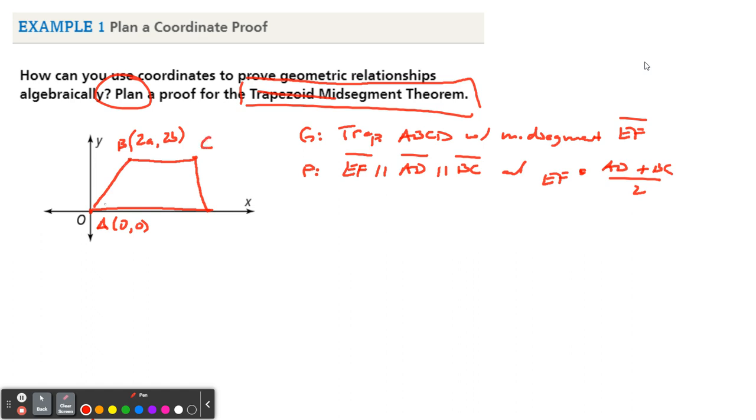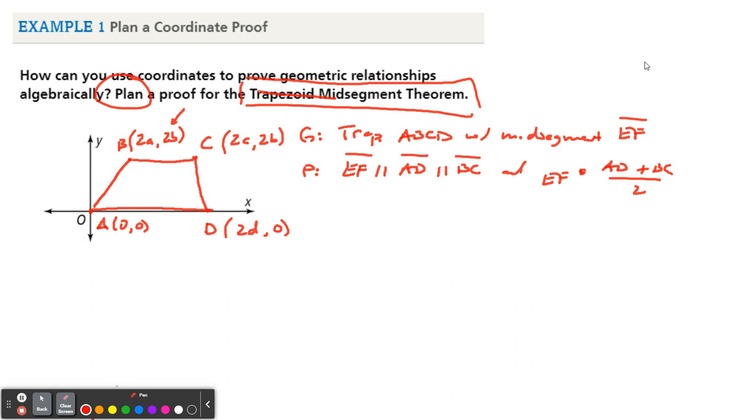All right, point C. I don't know how far to the right I'm going, so that's going to be a new variable, 2C, right? But I do know that B and C are at the same height. They're going to have the same y value, so the y of C will be 2B. And then for D here, I don't know how far I'm going, so let's call that 2D, but I do know that its y coordinate is 0 because it's on the x-axis, right? And here's how I can generically label this trapezoid.